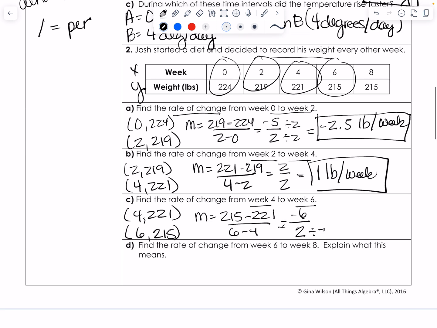If I divide by 2, that's going to give me a negative 3 over 1, which gives me a negative 3 pounds per week.